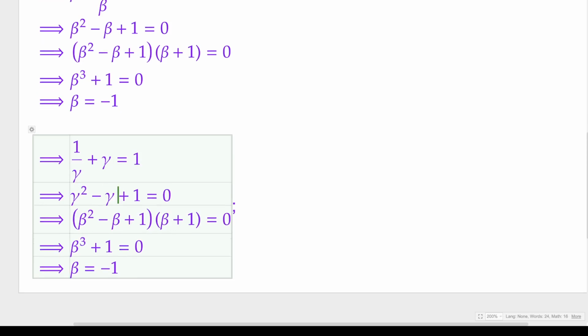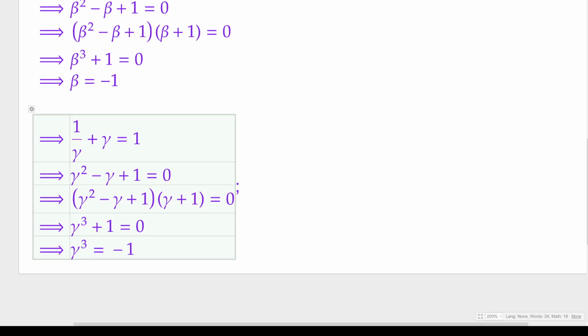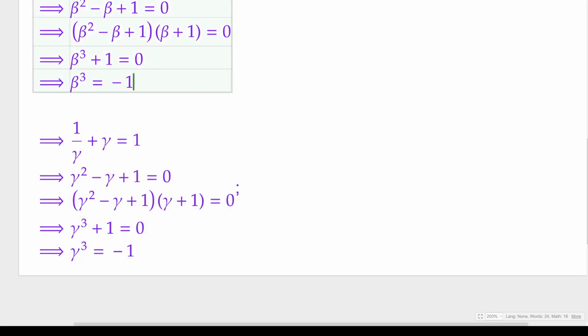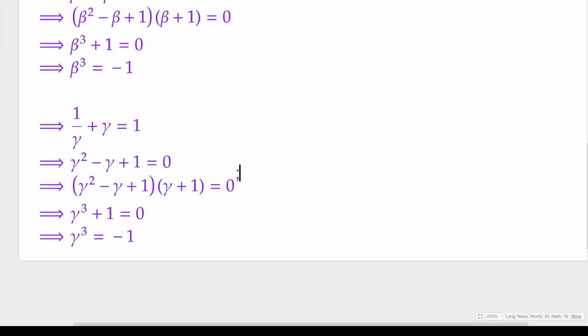So gamma square minus gamma plus 1 is equal to 0, times gamma plus 1, and this will be gamma cube plus 1, and finally I will get gamma cube. So beta cube is equal to negative 1, and similarly gamma cube is equal to negative 1.